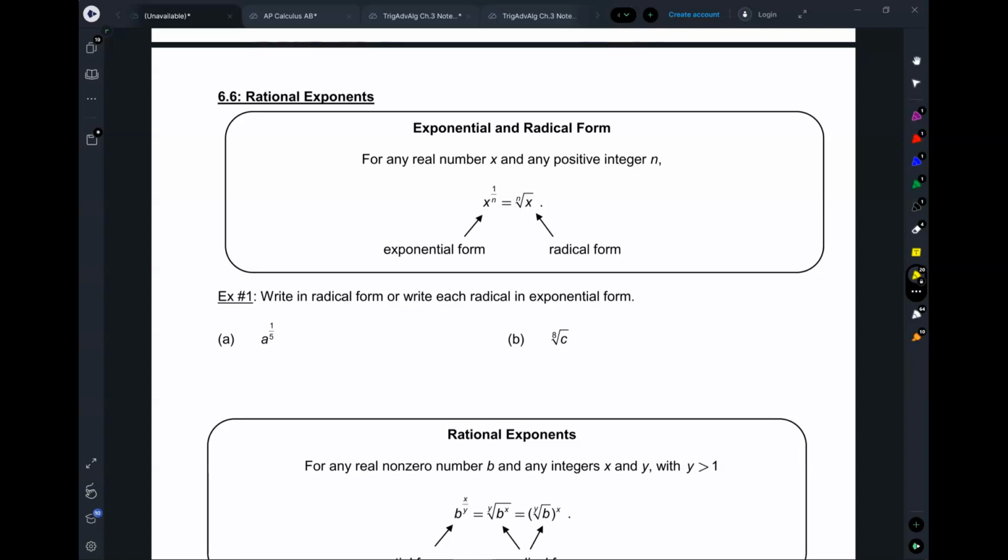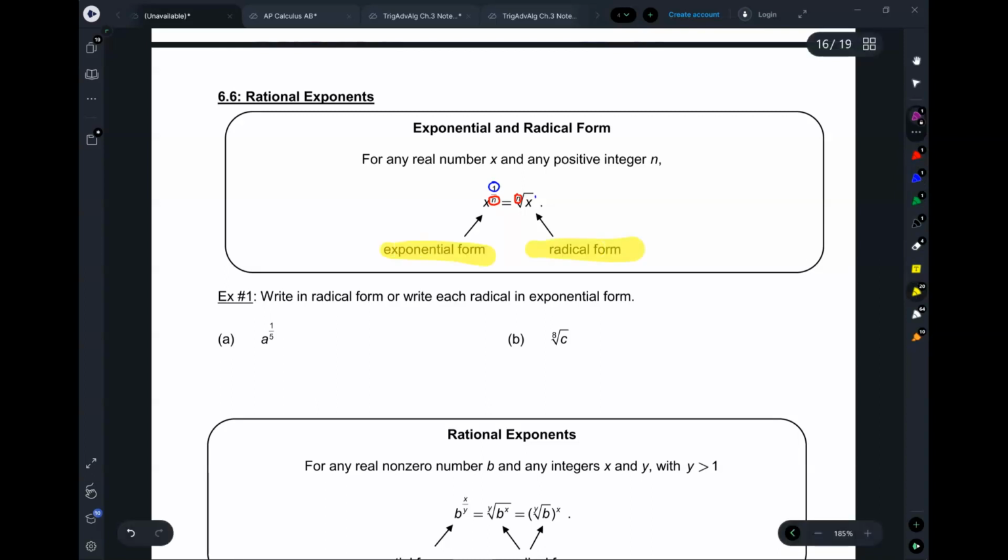But now if I have x to the power of a fraction, I can write it as a root, okay? And how that works is the denominator becomes the index, and this becomes an exponent here, okay? So this is called exponential form, this is called radical form.